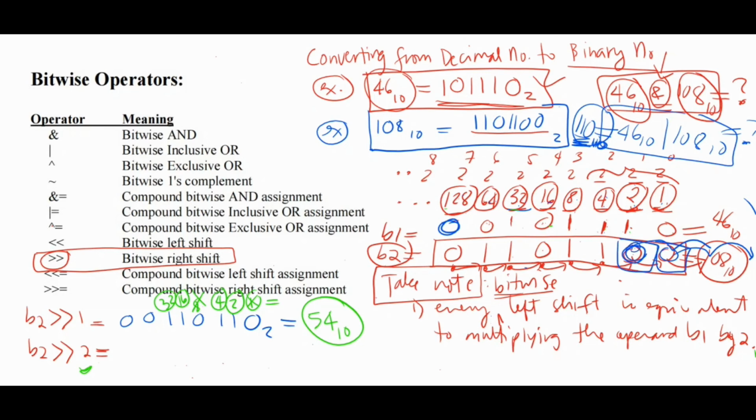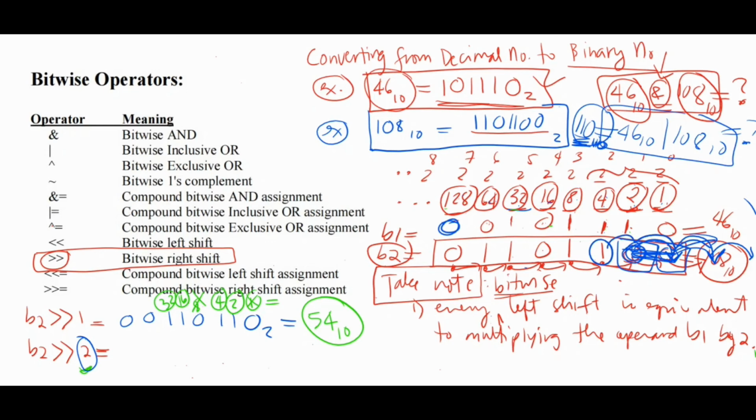Because this one moves 1 first step and 2, because you are going to shift twice. So these two are gone out of the binary value, and this one here would move 1, 2.